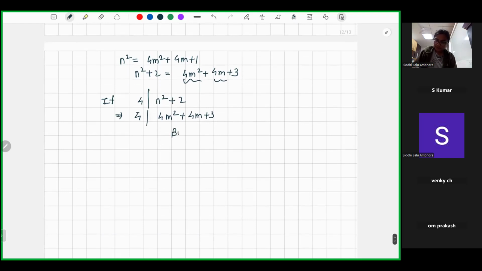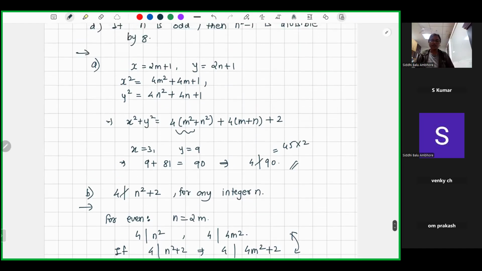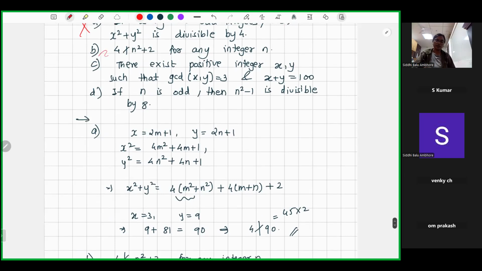But 4 also divides 4m square plus 4m. So this implies that 4 divides their subtraction, which is 3, which is again a contradiction. So that's why this is true, that 4 does not divide n square plus 2 for any integer n.